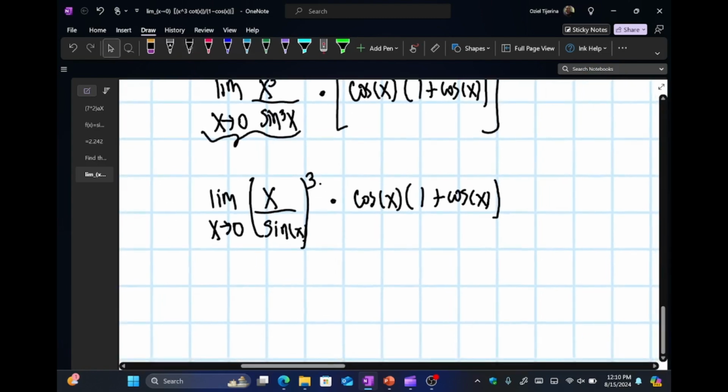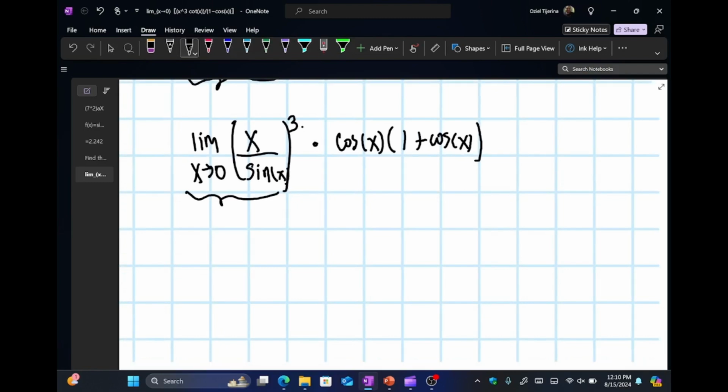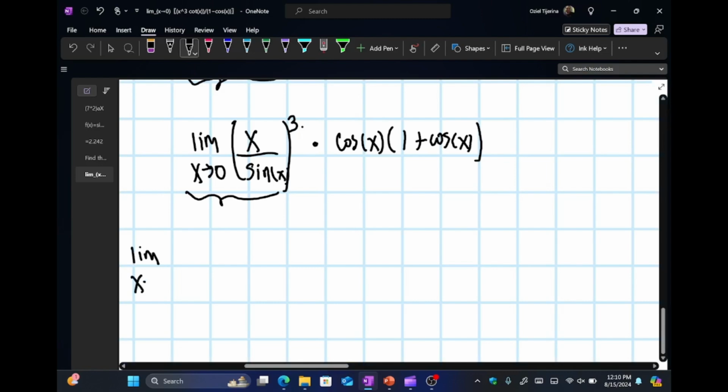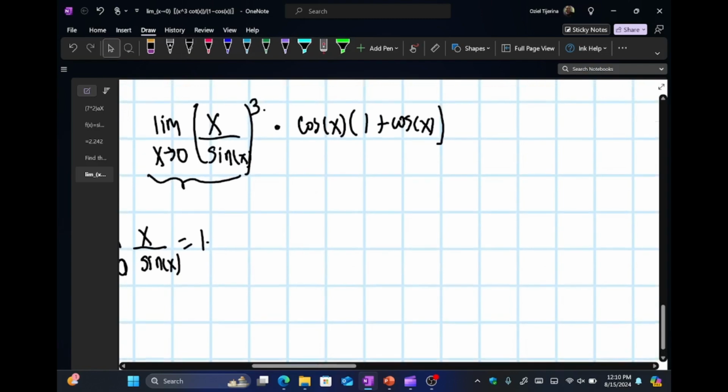If I do this part on its own, it's going to be equal to 1, because the limit as x approaches 0 of x over sine x is equal to 1, right?